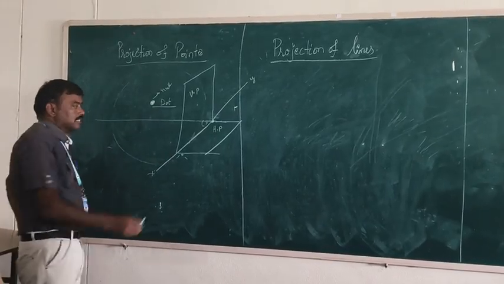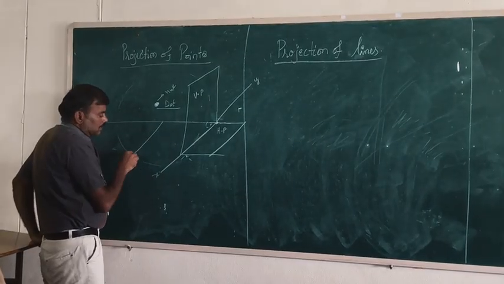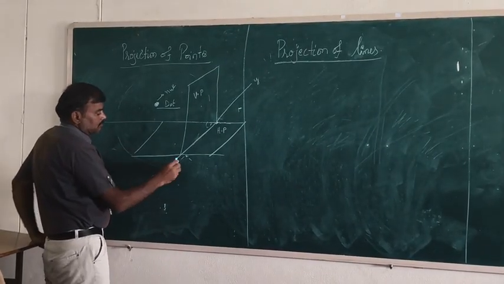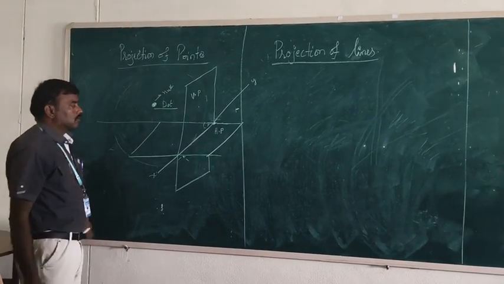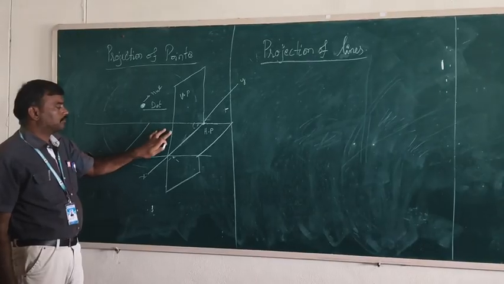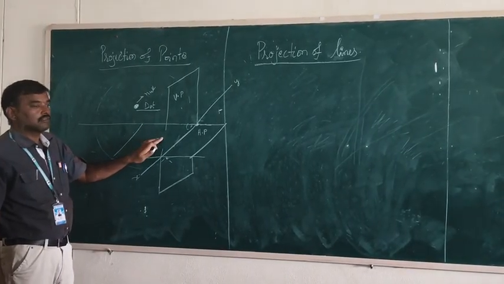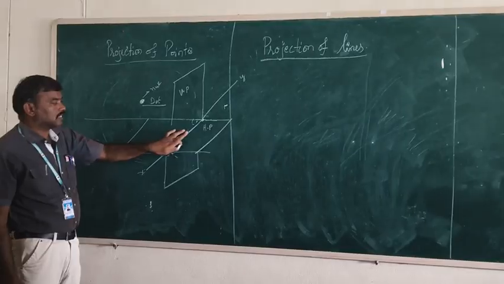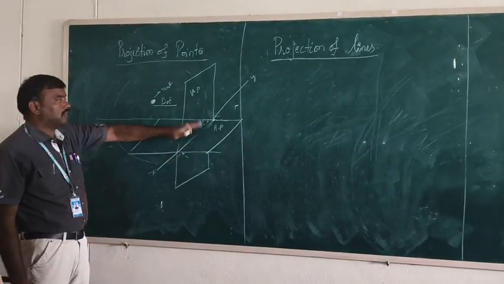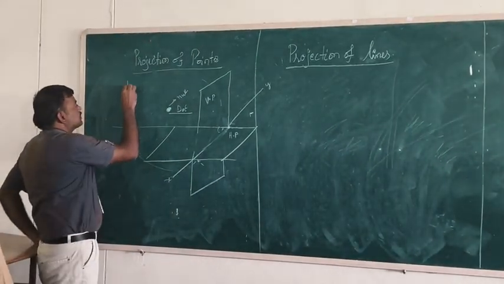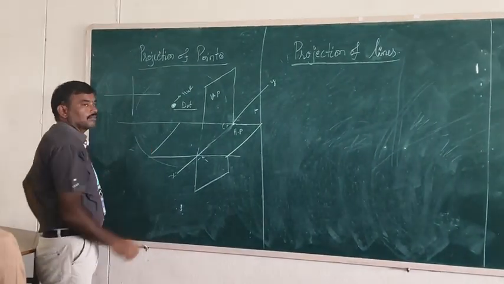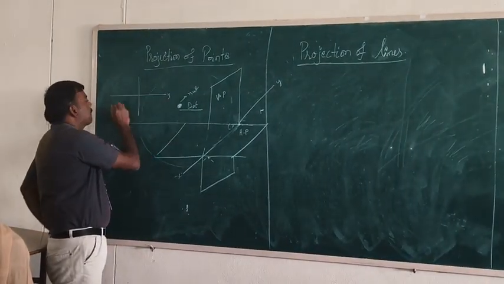What does that mean? I just extend all these lines like this. So this is the completion of four quadrants, and this is the completion of the horizontal plane and vertical plane, right? Here, for easy understanding, I will draw a plus. What is this?